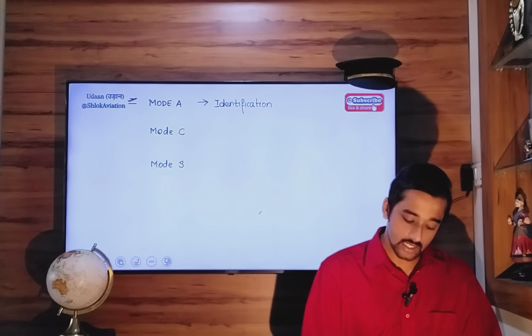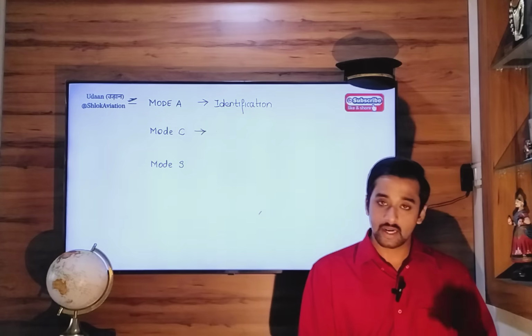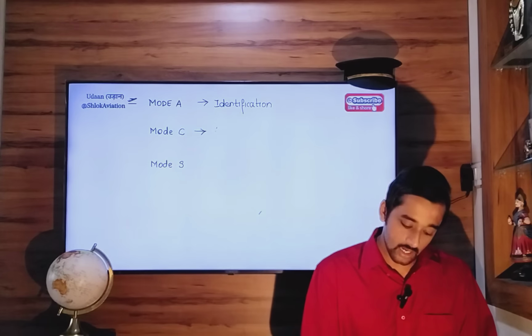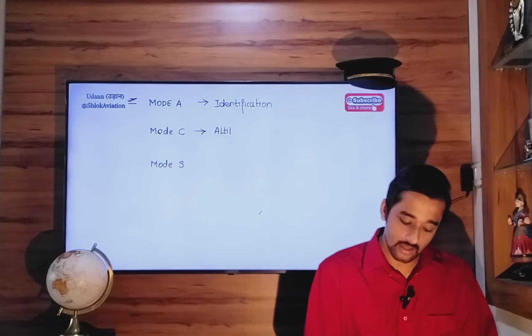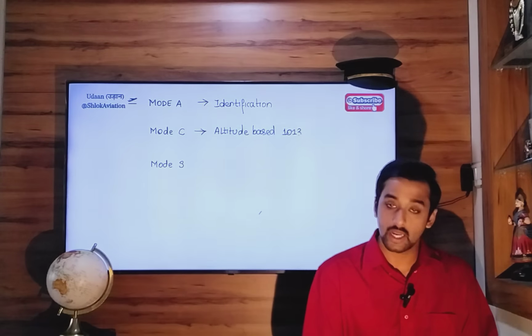Mode C works along with Mode A. So identification will be there, plus additional information is altitude information. Now this altitude is based on pressure level, standard pressure level 1013.